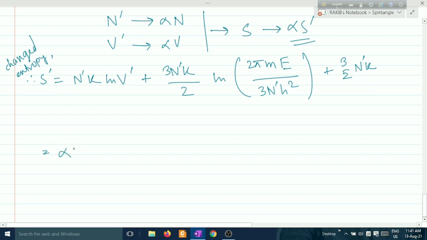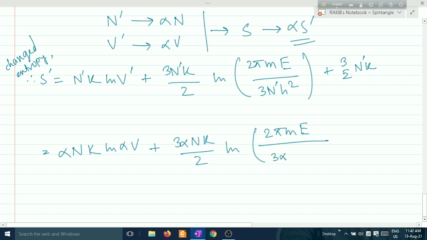What does it become? Alpha n k ln alpha v, and here it will be 3 alpha n k by 2 ln, here it will become 2 pi me by 3 alpha n h square plus 3 by 2 alpha n k.